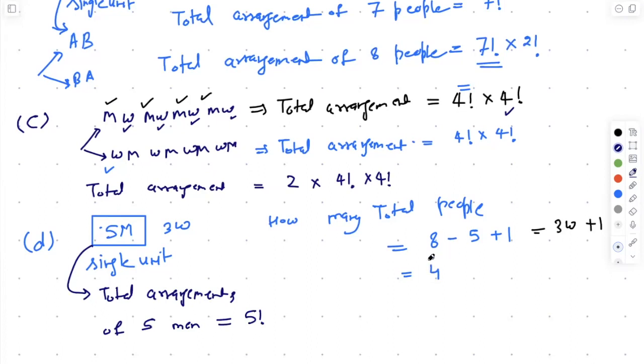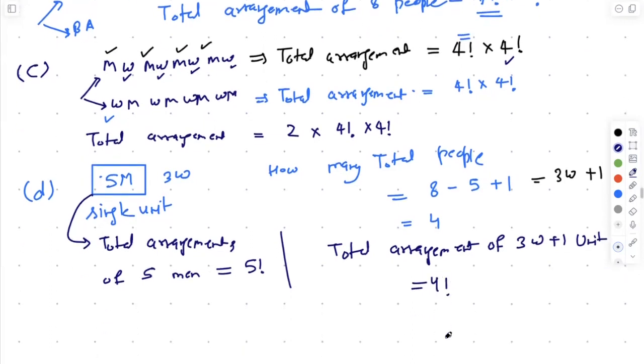Because we have 4 places, the total arrangement of 3 women plus 1 unit is going to be 4 factorial. So you can arrange these 3 women and 1 unit in 4 factorial ways. Men can arrange themselves in 5 factorial ways.